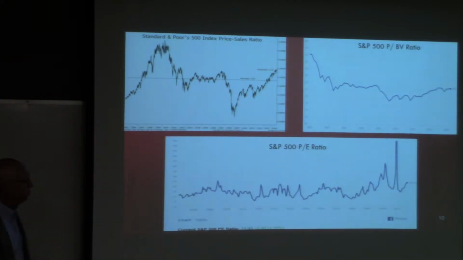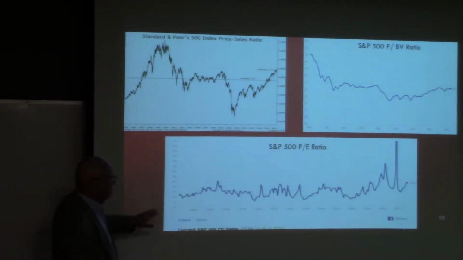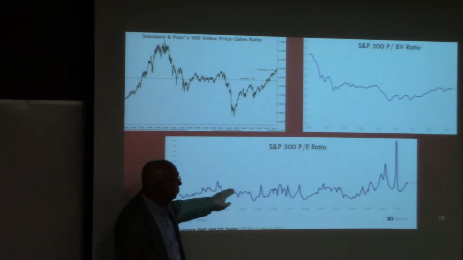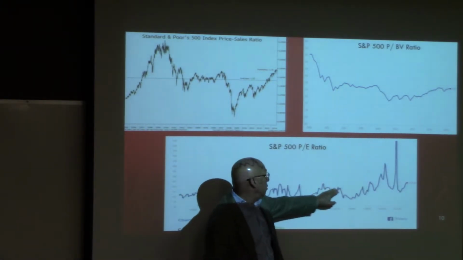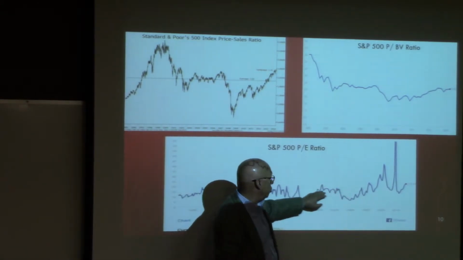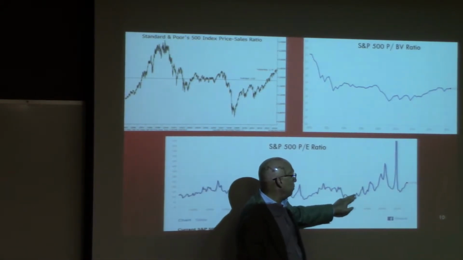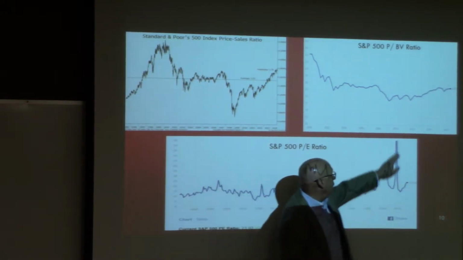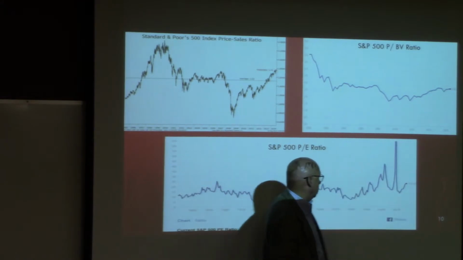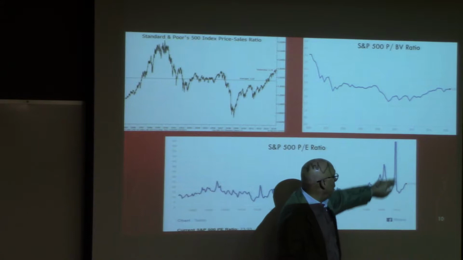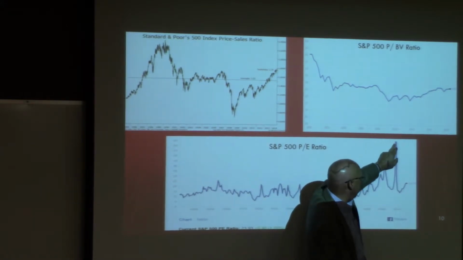And here's the S&P 500 PE ratio going way, way back, and you can see that it was somewhere between 10 and 15 for many, many decades. It seems like 13, 14, 15 was the average, and then interest rates dropped, and once interest rates dropped, the market really took off. Once again, we spiked in 2000, then we spiked again in 2008.